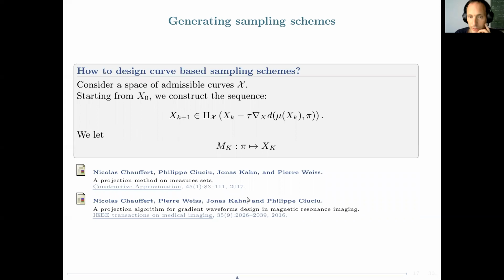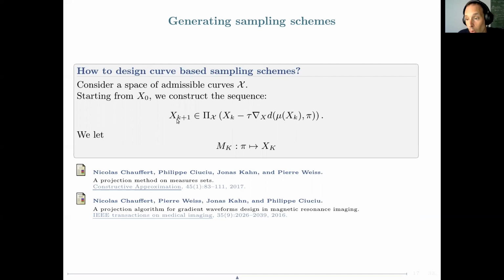This is not enough in the case of MRI because you have constraints between the samples. What we proved in two papers was that we could obtain the same result by adding a projector on the space of admissible curves, pi of x. If you want to know how to design this projector for MRI, I refer you to this paper in IEEE TMI.